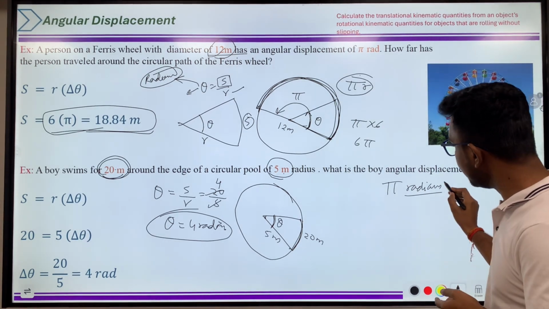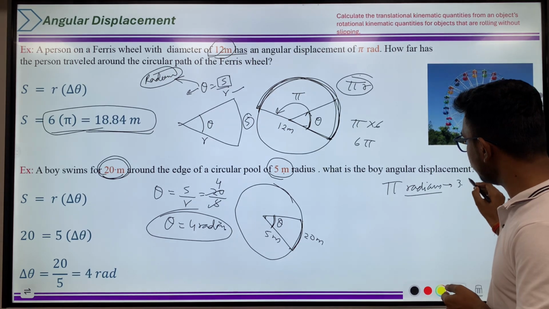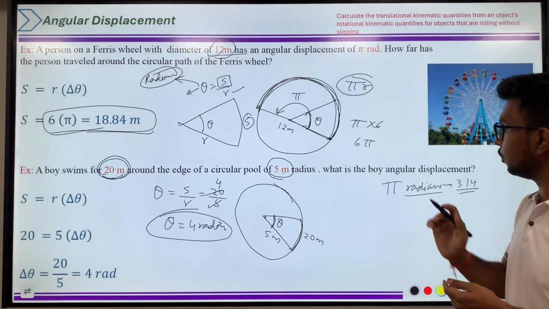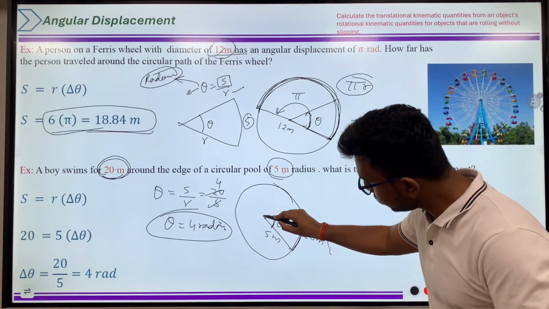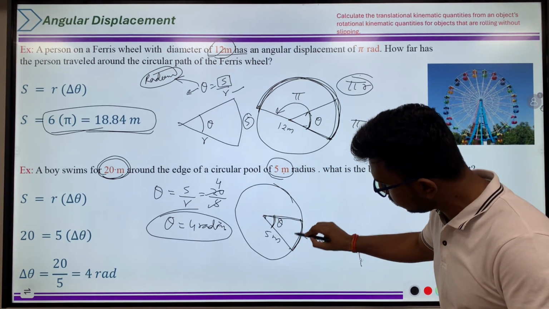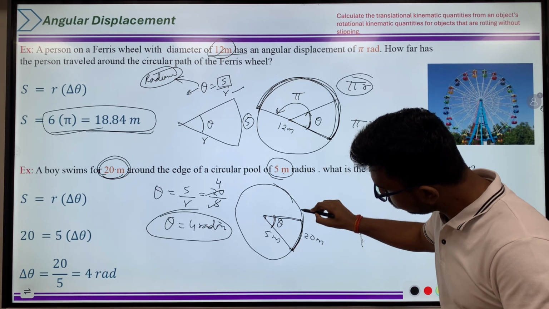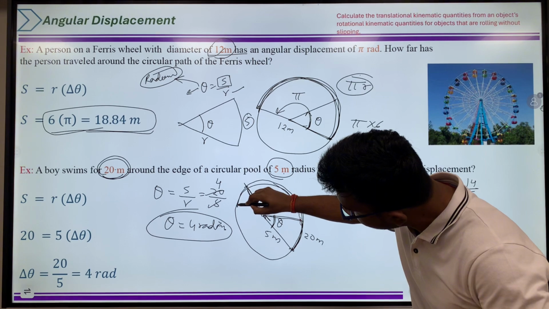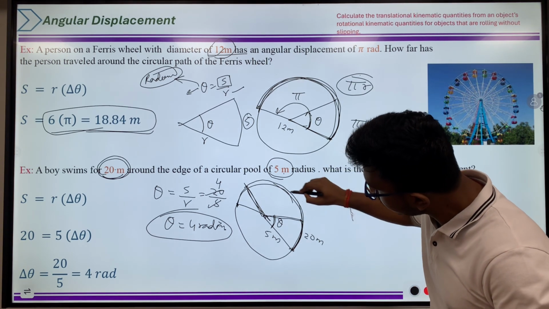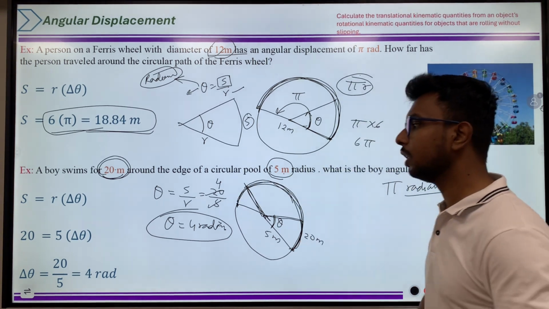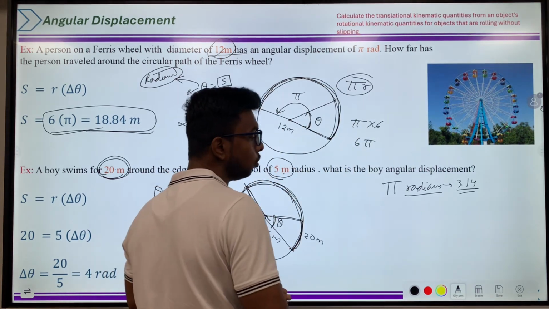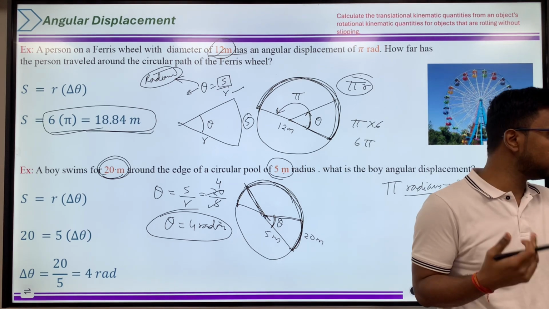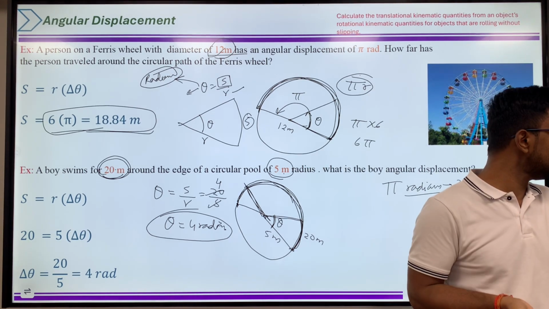Pi radians is 3.14 radians, and 4 radians is slightly more than that. So if the person has started from here, he has gone all the way here, which is half the circle and a little bit more. Always try to analyze the answer as well: what is the physical significance of what you are getting?